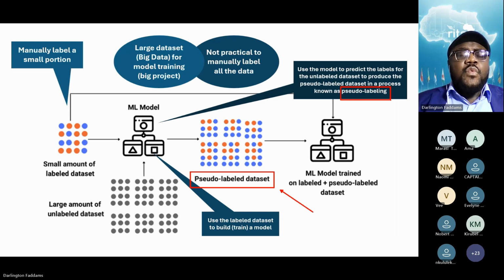Then we go to our unlabeled data, and we use the unlabeled data as test data for the model. Let me explain it this way. After a model is trained, it doesn't need answers to do prediction.